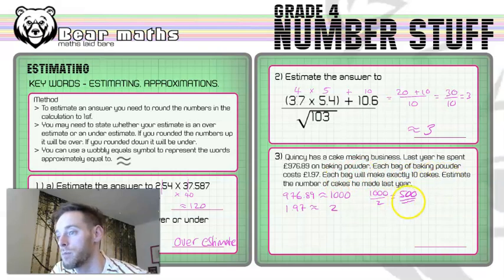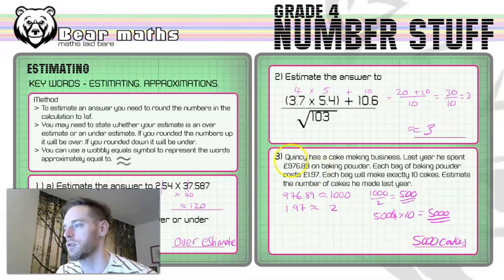So 500 multiplied by 10 is 5,000. Estimate the number of cakes he made last year. I've done it. Approximately 5,000 cakes, because it's not exact.